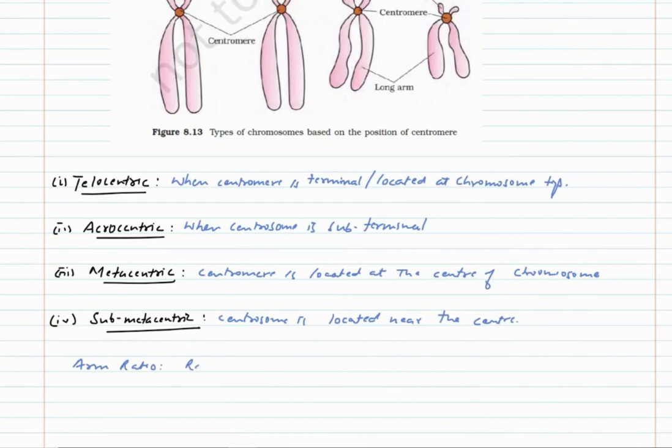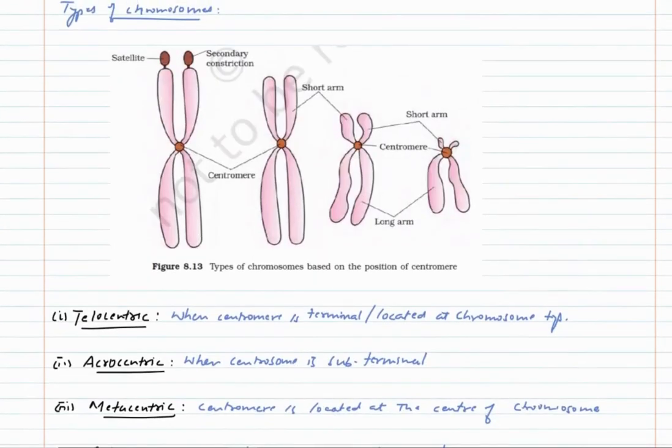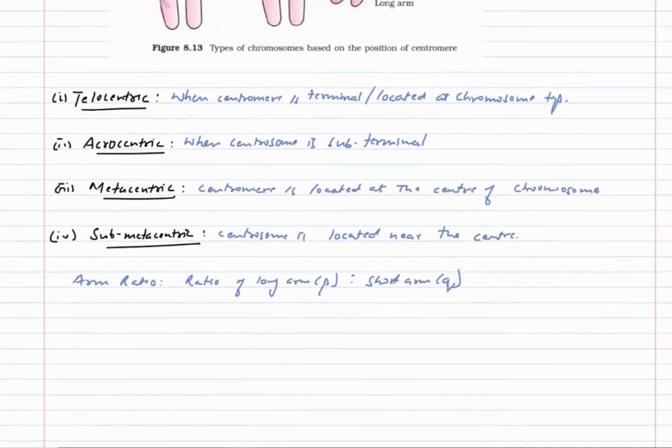It is the ratio of long arm, which is represented by P, to the short arm, which is represented by Q. Now this is a telocentric, this is acrocentric, this is submetacentric, and this chromosome is a metacentric chromosome, where the centromere is located at the center.